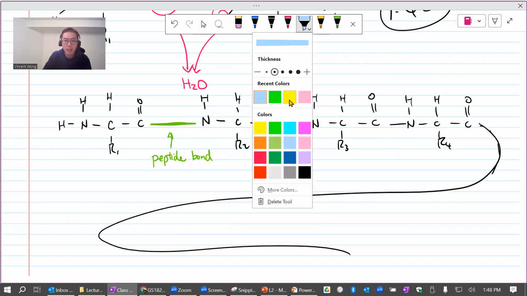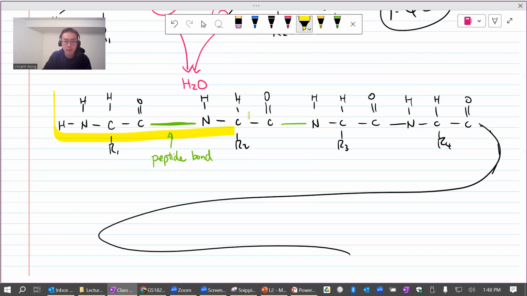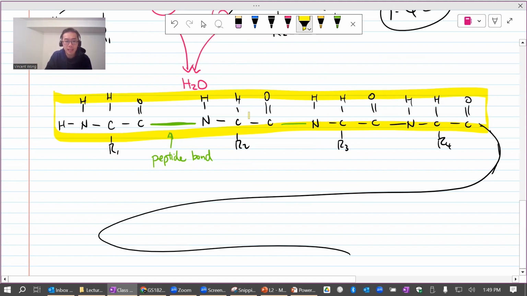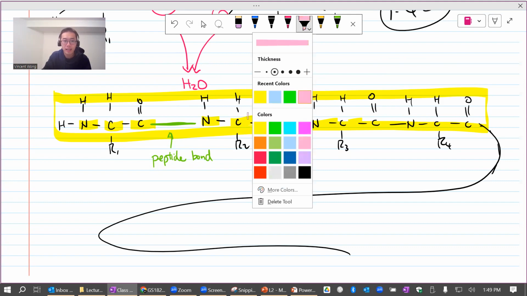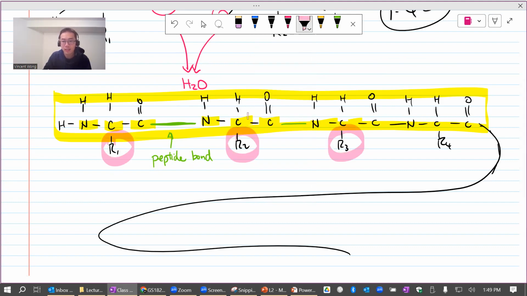You see that the backbone here is not changing. It's the same thing over and over again. It's like NCC, NCC, NCC, NCC. That's the backbone. That does not change. What changes along the way are the side chains, right?